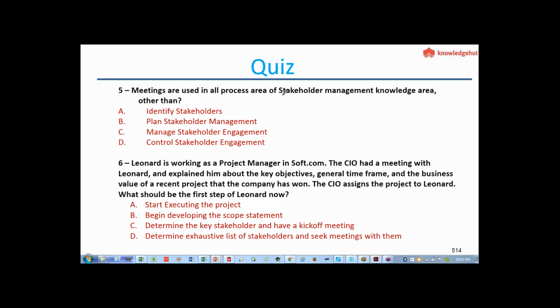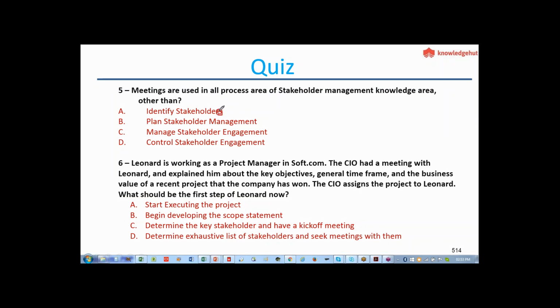Meetings are used in all process areas of stakeholder management except. So one of them doesn't use meetings. So you can start to identify the ones where you use a meeting. Do you use a meeting in identify? Yes.